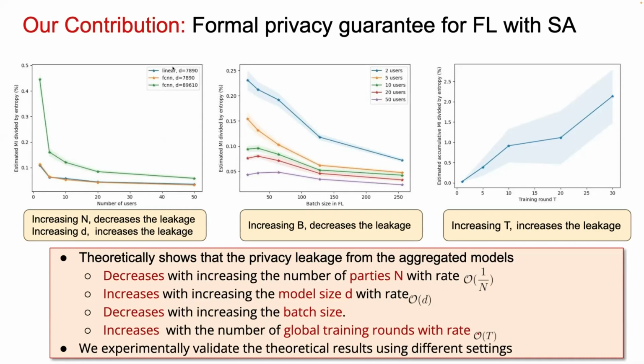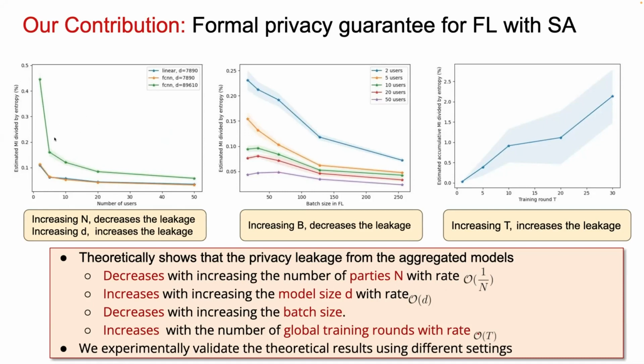What you can show here, for example, for training various models like a small linear model or CNN models, on this plot, on the x-axis, we have the number of users. On the y-axis, we have the average leakage about the data of the users from the entire federated learning process. This is divided by the number of users, so it's the average leakage.